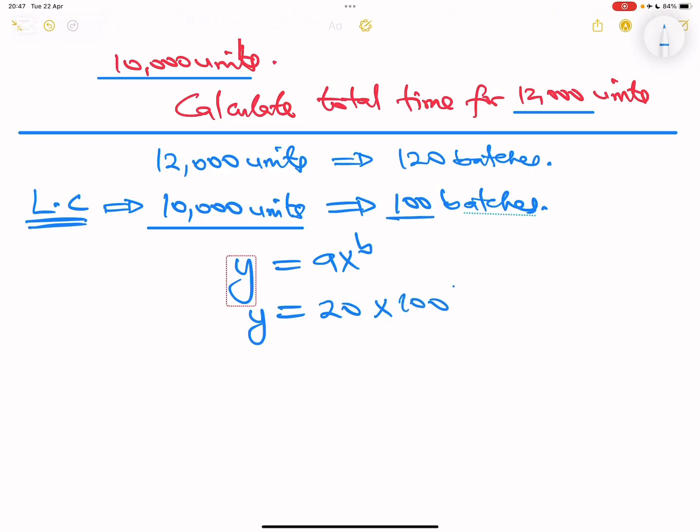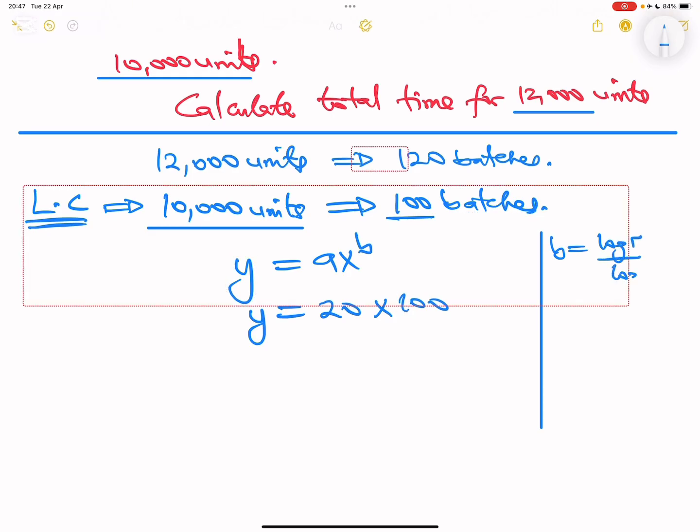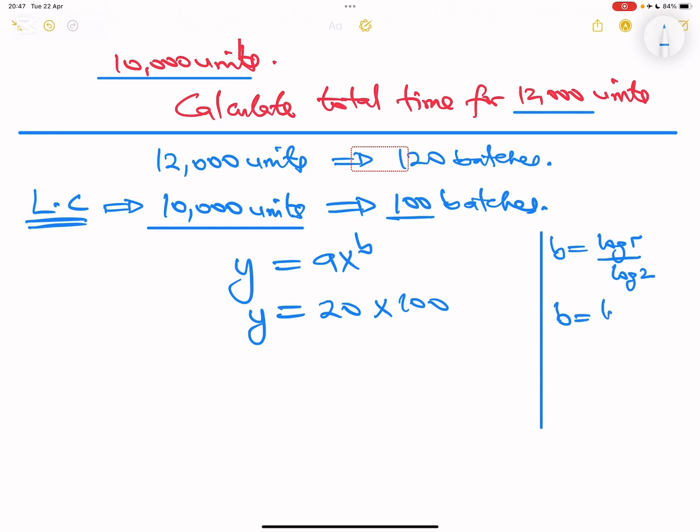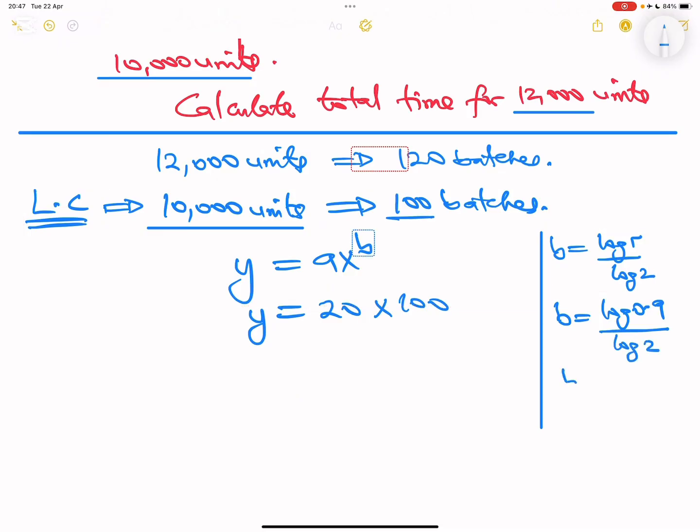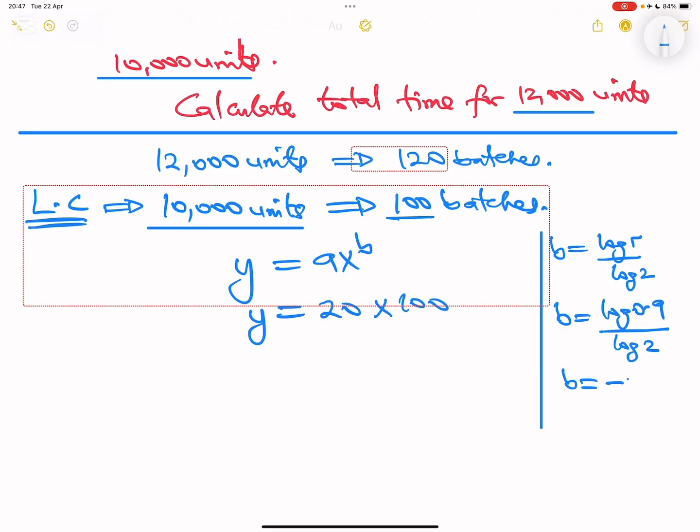And B, we don't know our B, so let's quickly do our B. B equals log R over log 2, which means B equals log 0.9, because the learning curve rate is 90%, divided by log 2. If you do that, that will be equal to minus 0.152.